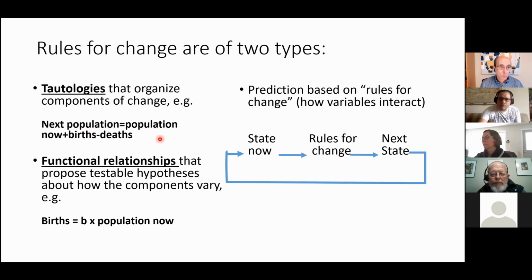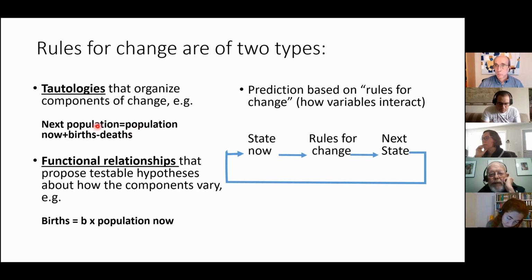Now, if we're talking about a population we know is closed to migration and doesn't have any spontaneous creation, then this statement about population change is a tautology. It's true by virtue of the way I defined the words population, births, and deaths. Fair enough. There's no way this tautology can be wrong.